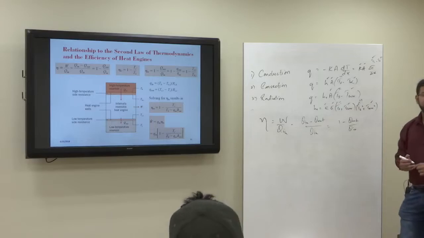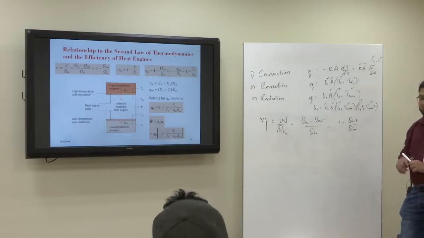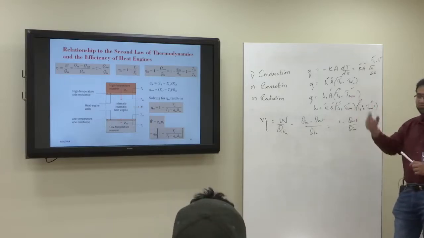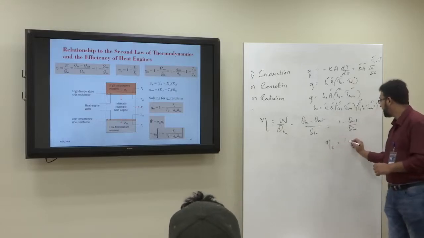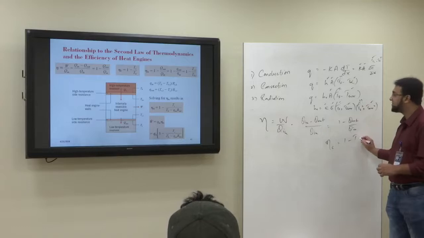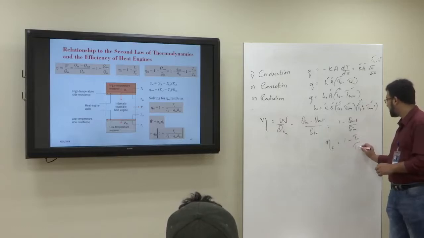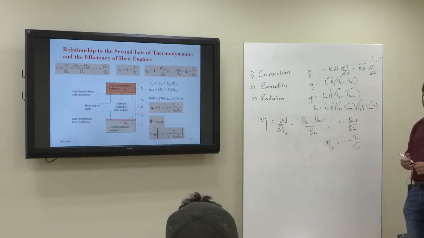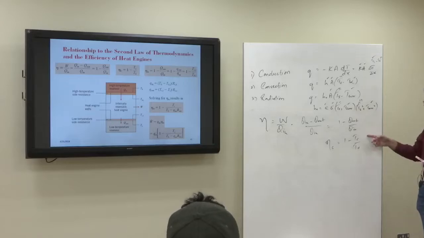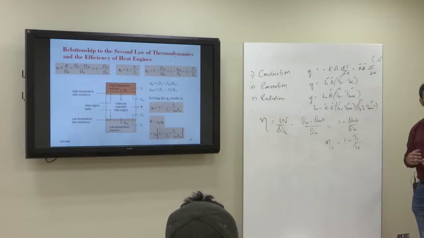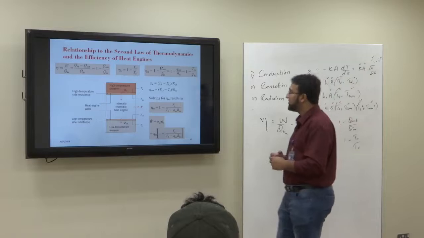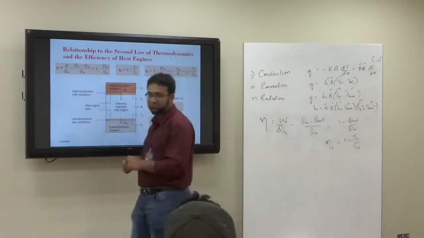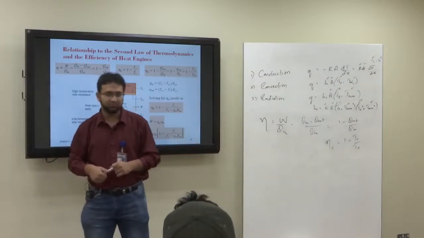Or if we talk about the Carnot efficiency, Qs can be replaced with temperatures: 1 minus Tc over Th, the cold sink temperature over the hot source temperature. This is what we studied before, and that's not wrong.